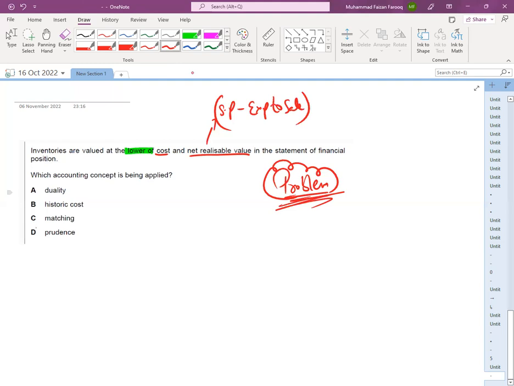So the answer is prudence, the concept which says that if you have an expected expense, you must record it right now, and you should not record any income until it is realized. And recording a problematic inventory at lower of cost or NRV, yani recording a loss right now, is the prudence concept.